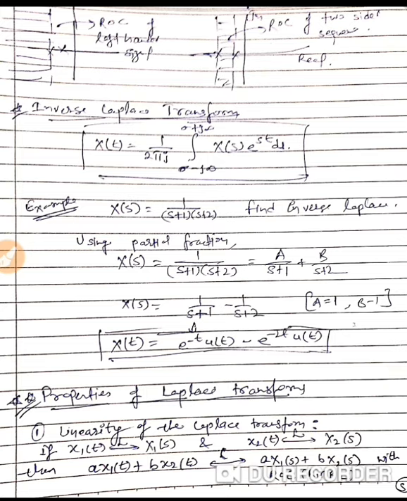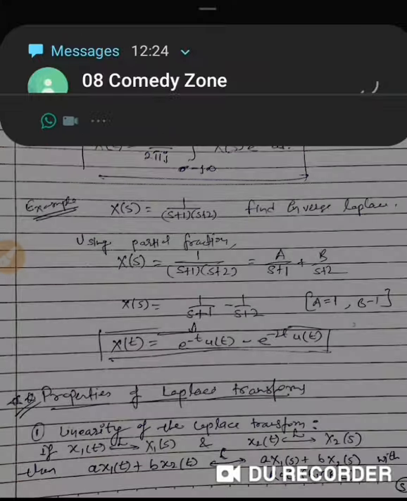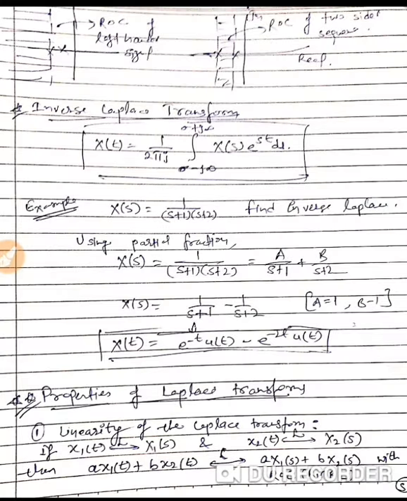For example, if we are given X of s equal to 1 upon (s plus 1)(s plus 2), find the inverse Laplace transform of this, or find the time domain signal xt using partial fractions.